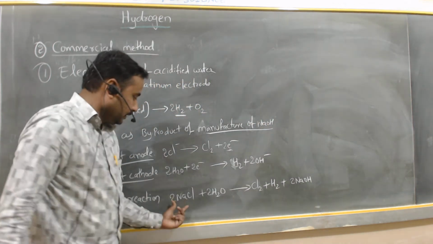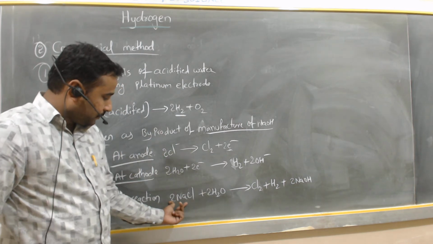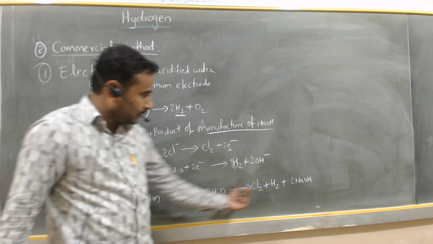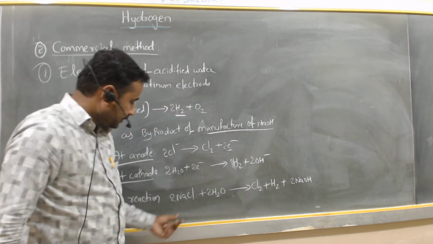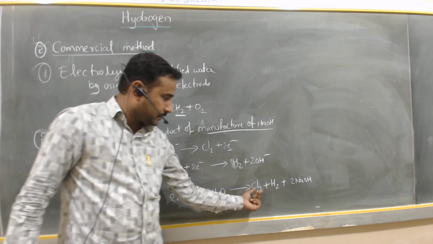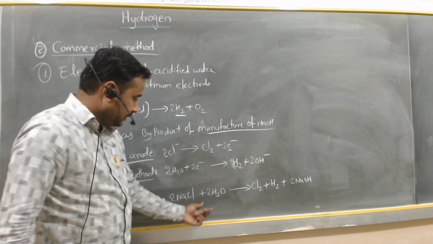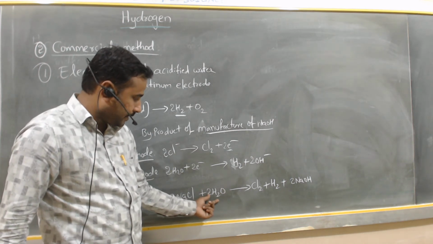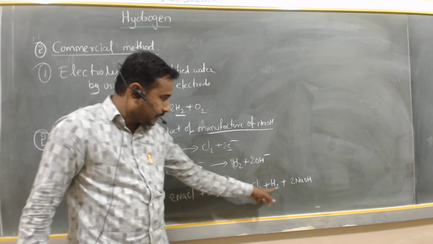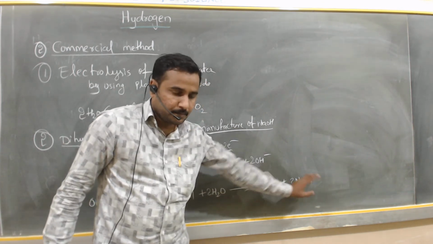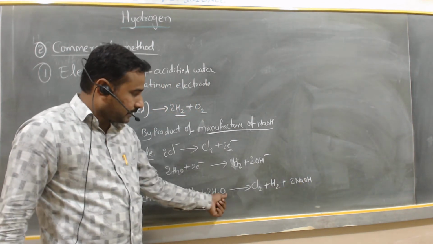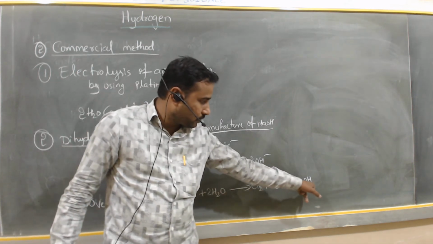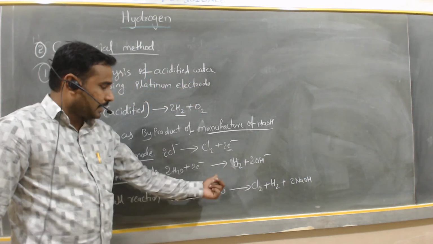How many sodium atoms? 2 here, and here also 2. Balanced. 2 chlorine here, and here also 2 chlorine. Balanced. 4 hydrogens here, and here 2 plus 2. Balanced. 2 oxygen atoms here, and here also 2. This is the balanced reaction.